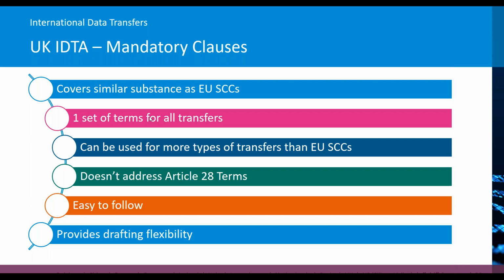And where you do have additional detail in the linked agreement, there is the potential for conflict. So by not having them in the IDTA, you're removing that risk. And then the downside, of course, is that by not having them in the IDTA, you have to address them somewhere else. So not necessarily a plus or a con, depends who you are, but just an observation.